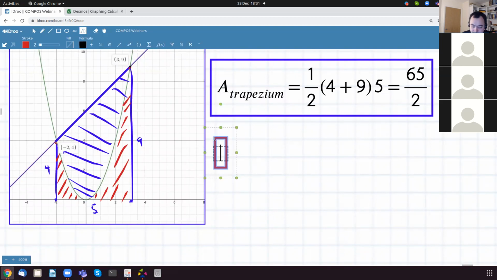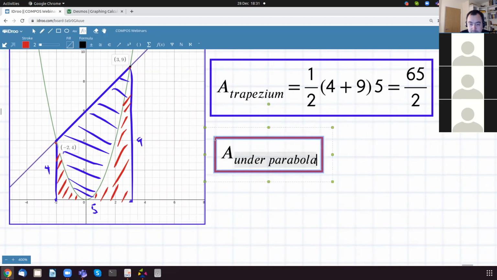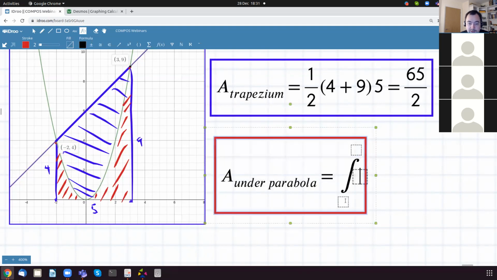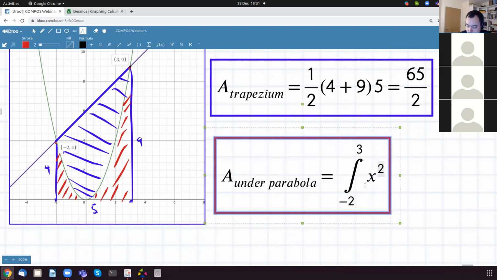Now the area under the parabola is equal to the integral between limits -2 and 3, because those are the limits along the x-axis, of x squared dx. So it's quite straightforward.